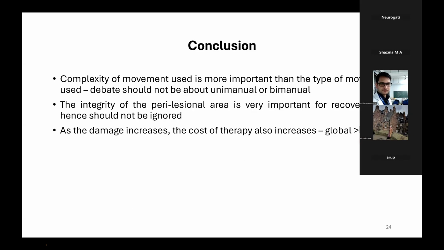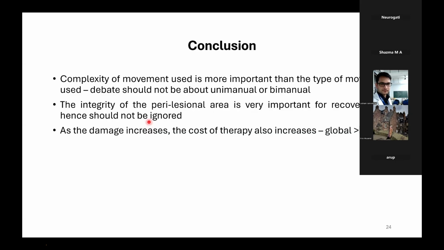Thus, this network shows that complexity of the movement used is more important than the type of movement used. That is, the debate should no longer be about unimanual or bimanual condition, but rather about moving the therapies from a task-based rehabilitation condition to more exploratory rehabilitation condition. And the integrity of the perilesional area is extremely important for recovery and hence should not be ignored.